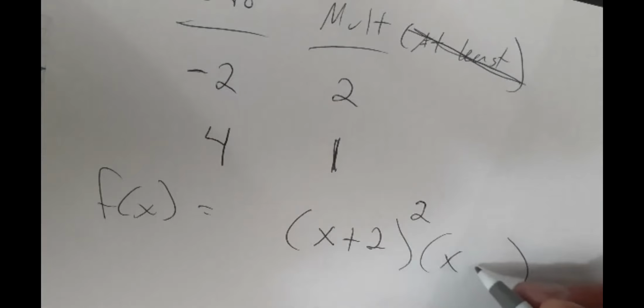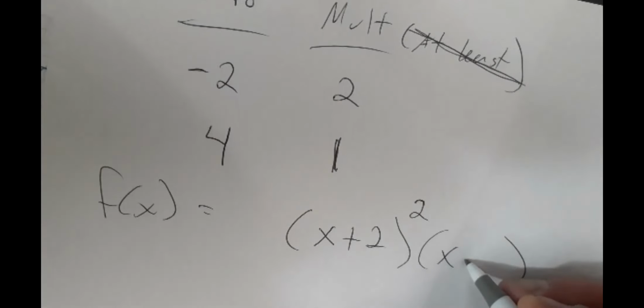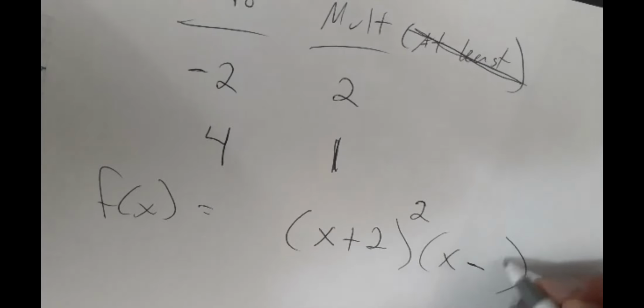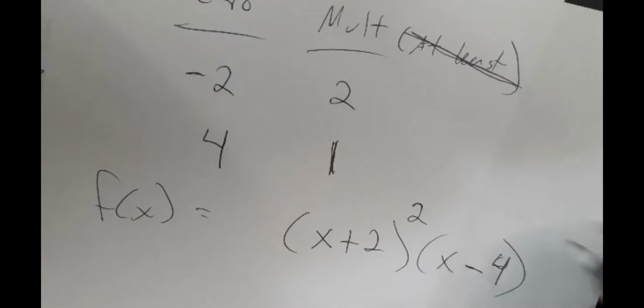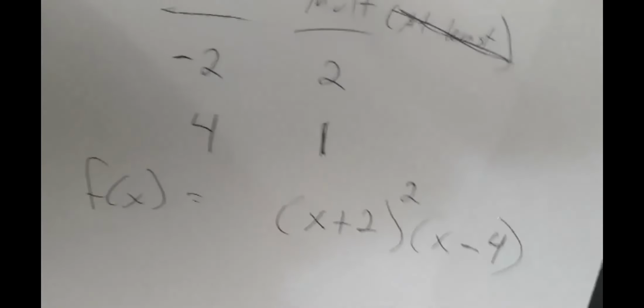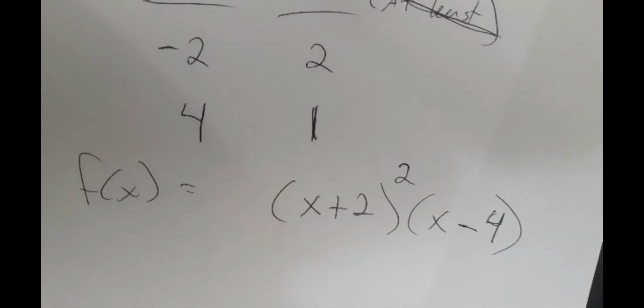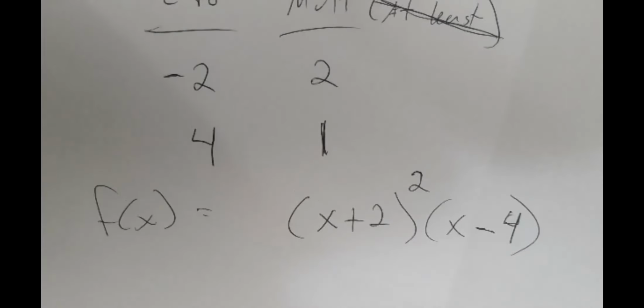And then I have another factor that looks like x - 4. And what do I need to put up here? A 1. I don't need to put it though. There should be a 1 up there. If you want to put it, you can.